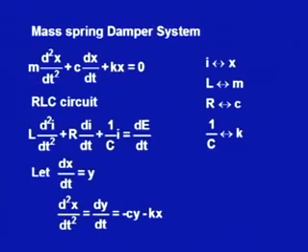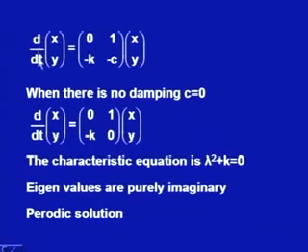To solve this system, we first introduce dx/dt = y, and this substitution will reduce this second order equation into two first order differential equations. So, we write dx/dt = y here, and d2x/dt2 will come out to be -cy - kx, and that makes our system d/dt of (x, y) equal to the matrix [0 1; -k -c] multiplied by (x, y).